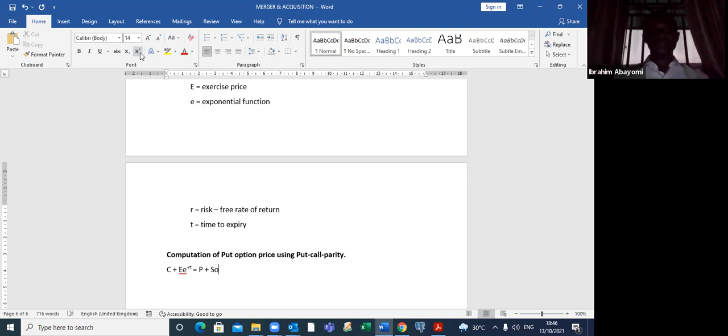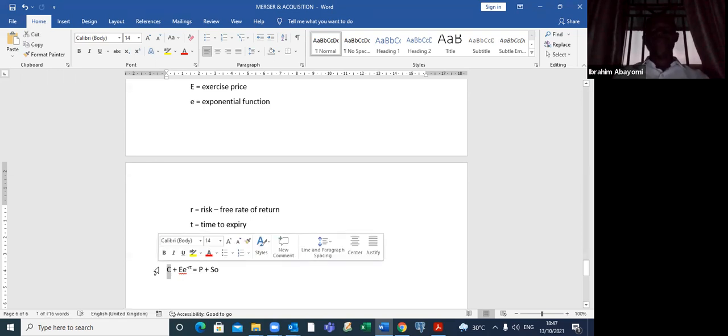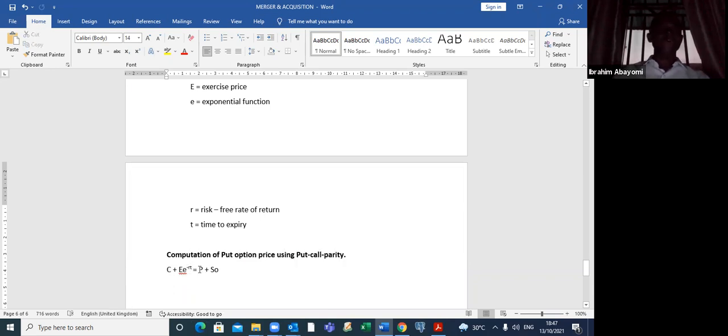So in short, so that you're not confused, this is what we call put call parity. This is the put call parity formula, saying that the addition of call option price plus present value of exercise price should be equal to the addition of put option price plus price of the underlying asset.